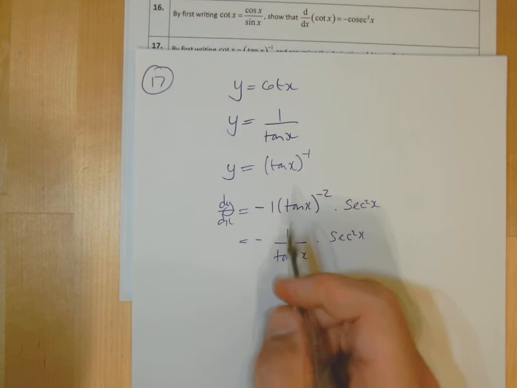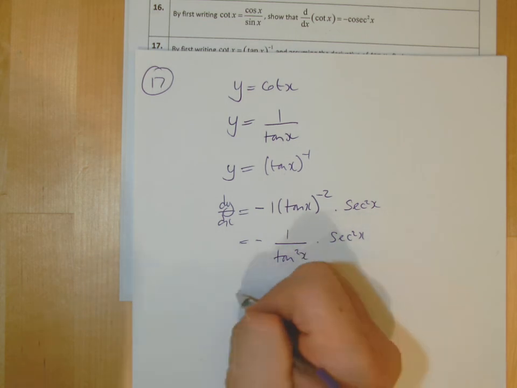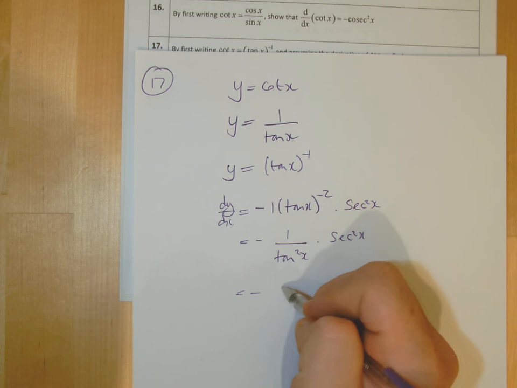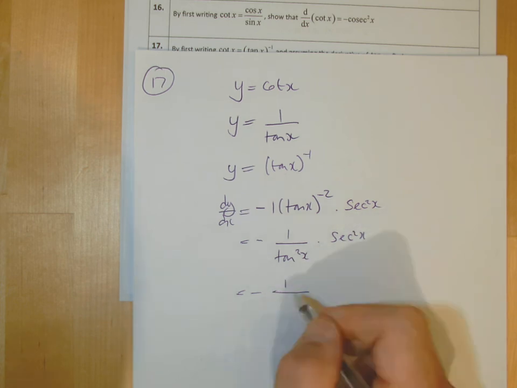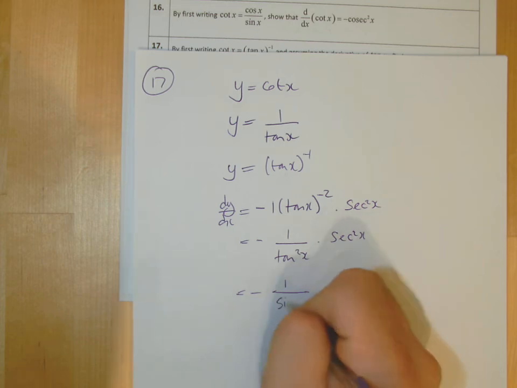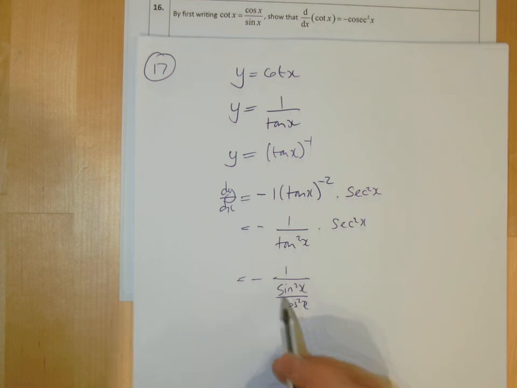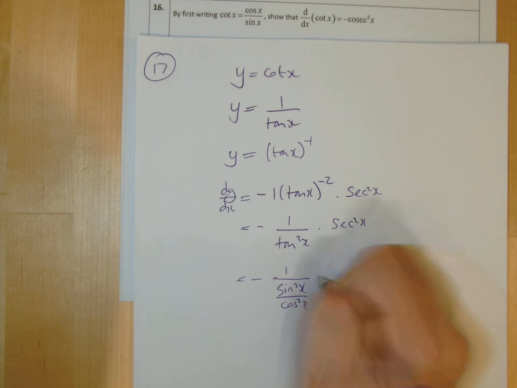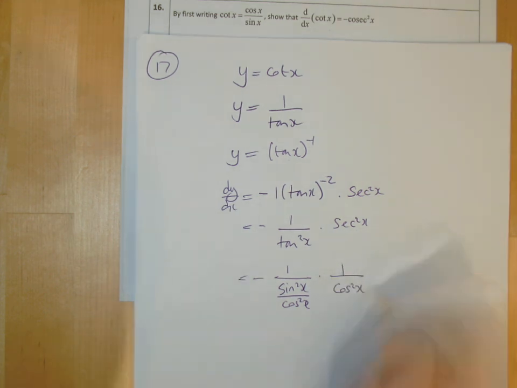The other thing you can do is realize that tan squared x on the bottom here is the same as sine squared x over cos squared x, because tan is sine over cos, so tan squared is sine squared over cos squared, times sec squared. I could rewrite sec squared as 1 over cos squared, couldn't I? That's what sec squared is, 1 over cos squared.